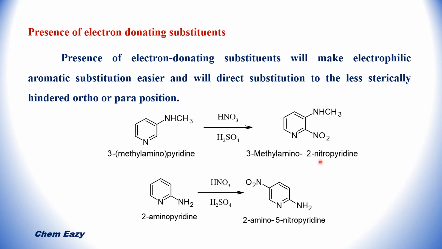For example, 3-methylaminopyridine with nitric acid in the presence of sulfuric acid gives 3-methylamino-2-nitropyridine. When 2-aminopyridine is treated with nitric acid in sulfuric acid, it produces 2-amino-5-nitropyridine.